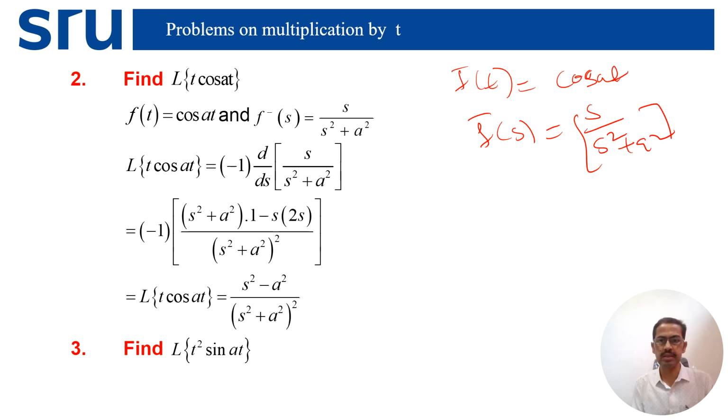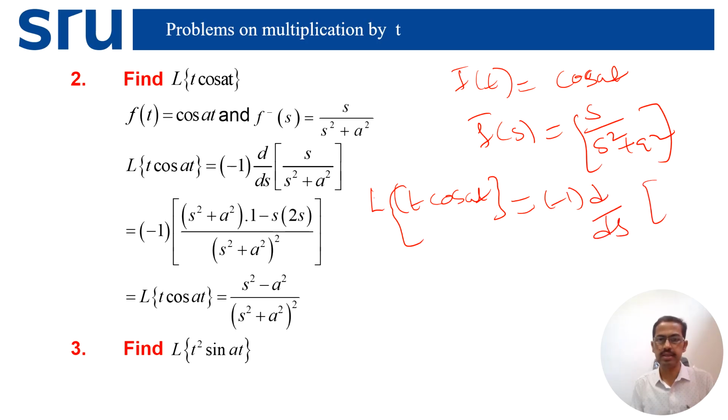Already we discussed in lecture 1 the Laplace transform of standard functions. Right? Now the Laplace transform of t into cos at is given by minus 1 d by ds of s by s square plus a square.